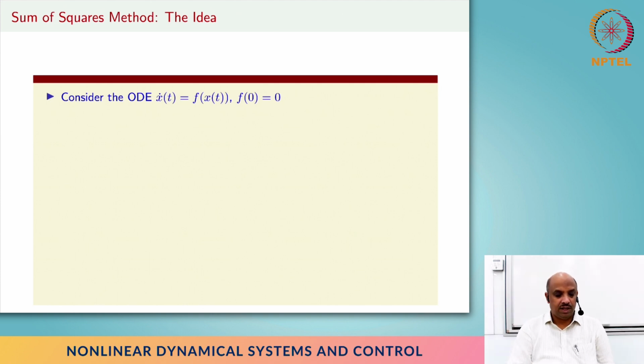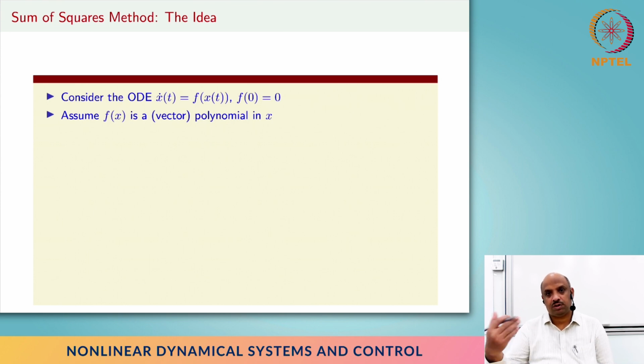So one simple thing, the idea of sum of squares is that you can guarantee at least non-negativity if somehow V of x is a sum of squares. We have seen earlier, if V is half x1 squared plus half x2 squared, it's automatically positive definite. If it is half x1 squared plus half of (x1 plus x2) whole squared, then it's also positive definite.